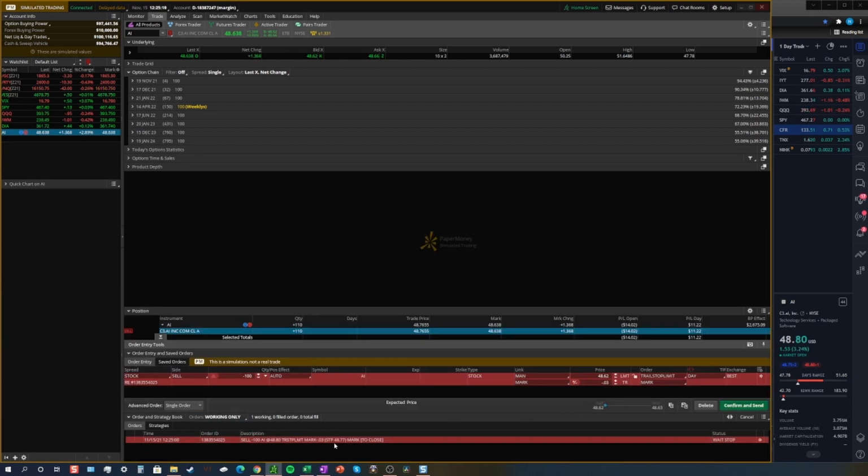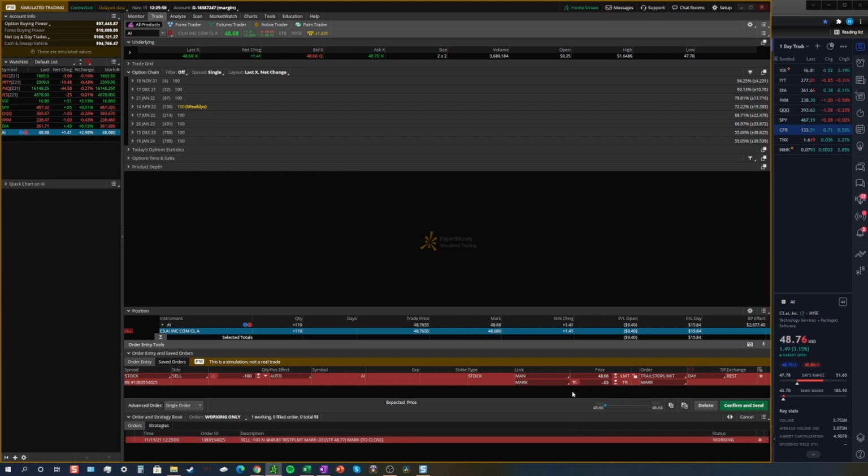Okay, so we see the trigger floating here, 48.77, and then we have a fill here. In this scenario, what you really don't want to do is how I set it up. I did that for a reason.